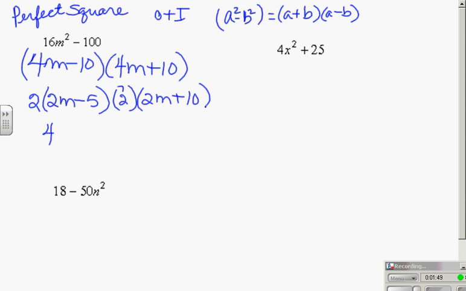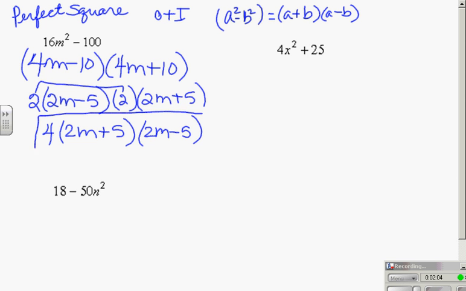Regroup my constants, and still get where I'm supposed to be going. I just recognized those perfect squares instantly and went ahead and grabbed them first.